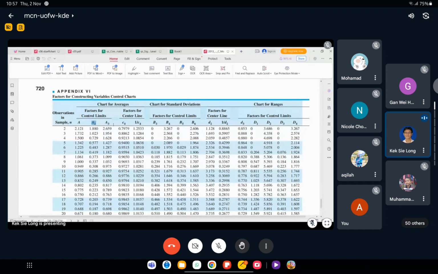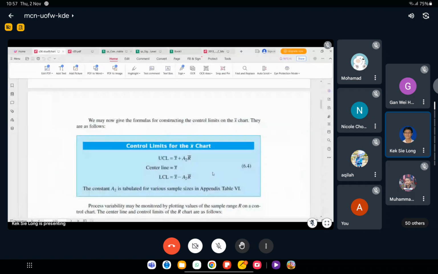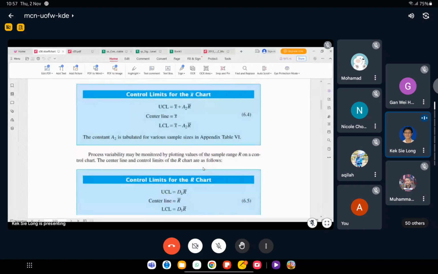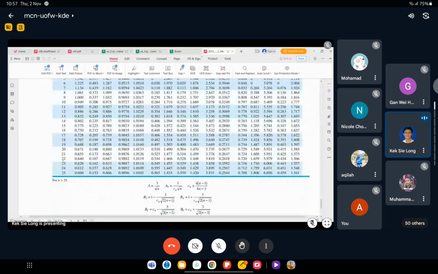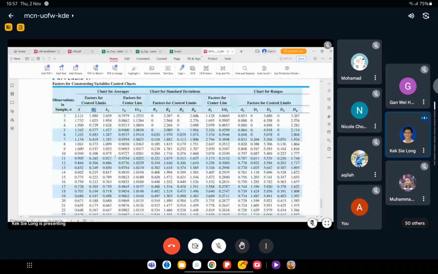Now, what is the number of observations in a sample? What is n's value? It depends. It starts from n equal to 2 until n equal to 25. For n greater than 25, we cannot read A2's value from the table.